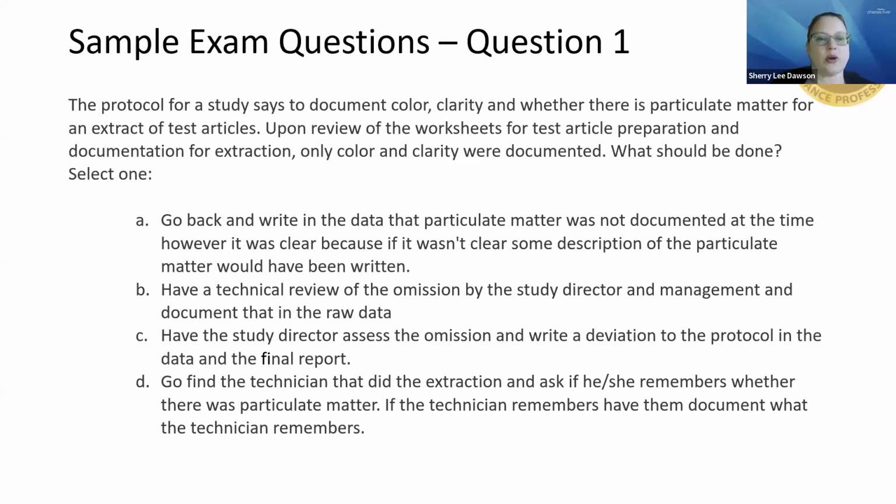B: Have a technical review of the omission by the study director and management and document that in the raw data. C: Have the study director assess the omission and write a deviation to the protocol in the data and the final report. D: Go find the technician that did the extraction and ask if he or she remembers whether there was particulate matter. If the technician remembers, have them document what they remember.